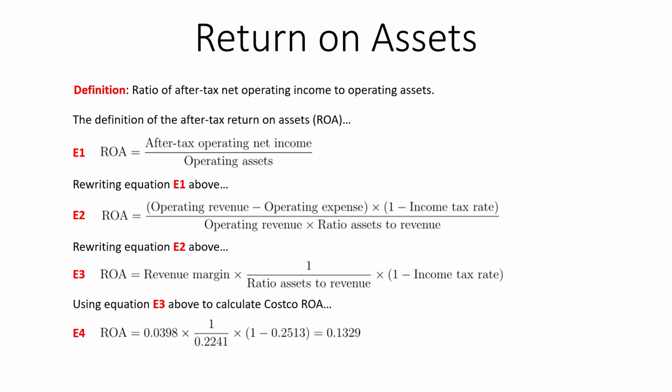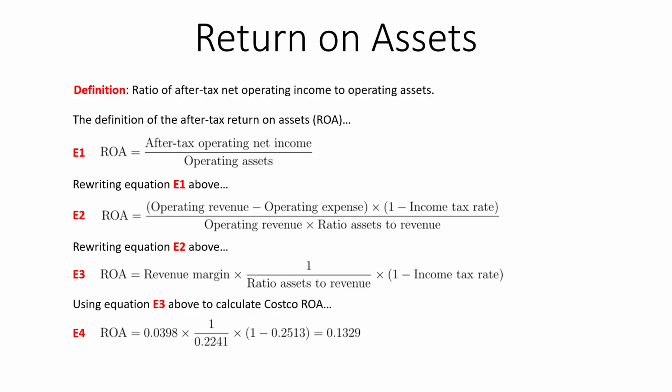We take the operating revenue minus operating expense, that's pre-tax net income. And then we multiply it by 1 minus the tax rate, and that's how much is left over. And then we divide that by operating assets. In this case, we're going to define operating assets by looking at operating revenue, and multiplying operating revenue times the ratio of assets to revenue, which we calculated on a preceding slide.